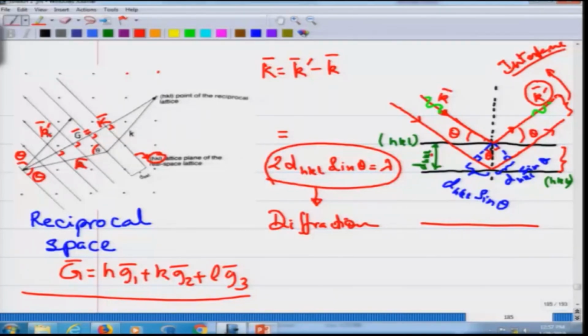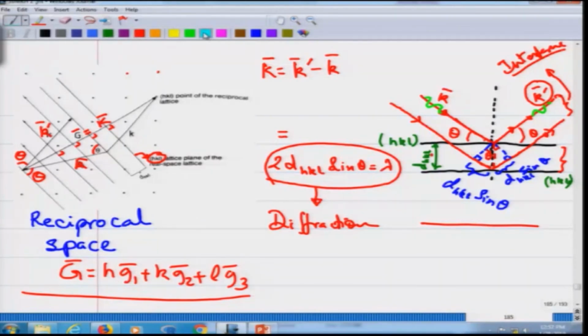And whether you will observe a maxima or a minima in the diffracted beam will depend on the path difference between these two beams. And what is the path difference? If d_hkl is the distance between the planes, then you can show that the path difference between these two beams will be twice of this distance.